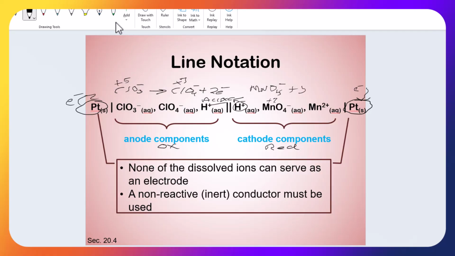So we're adding 5 electrons, and that's giving us the manganese 2+. Everything's in aqueous solution, and I'm hoping you'll just accept that. So this is the reduction half, this is the oxidation half. That's line notation, and of course this is the salt bridge in the center.